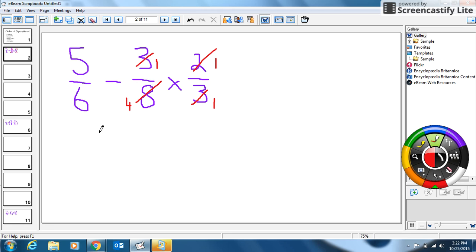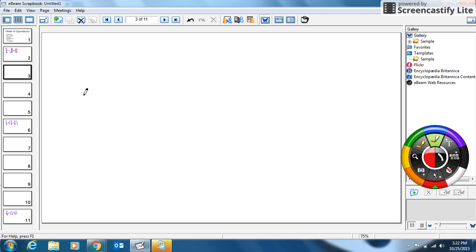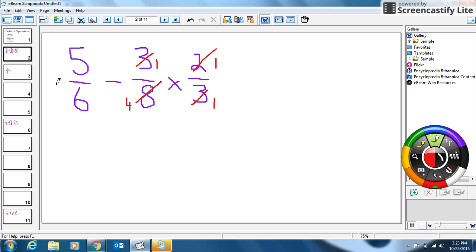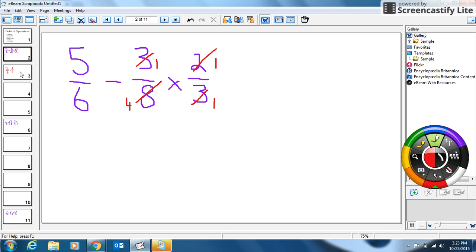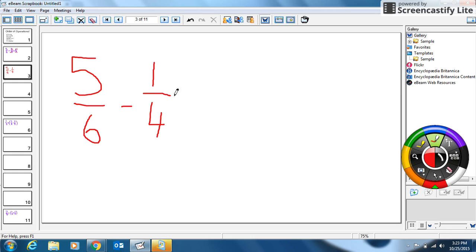So now I'm just going to rewrite it on the next slide here to keep this in order. So now we're dealing with 5/6 subtract 1/4 times 1/1, right?